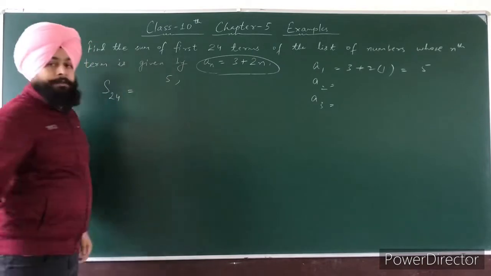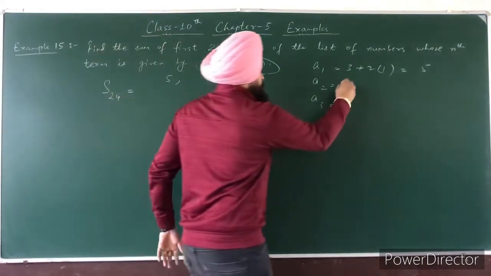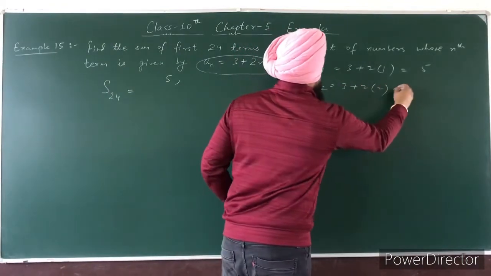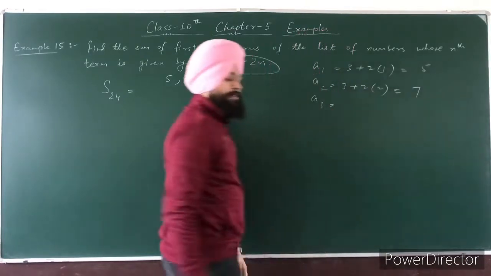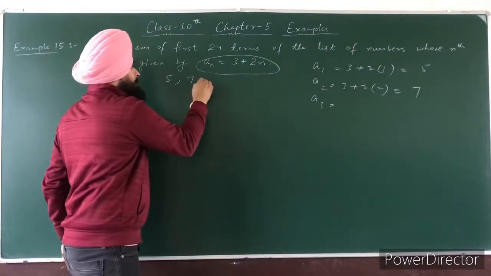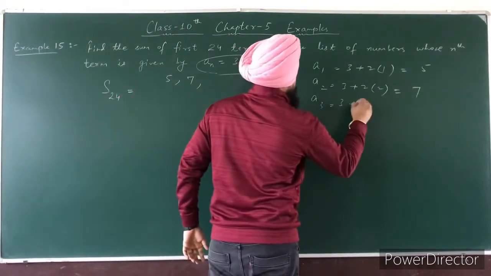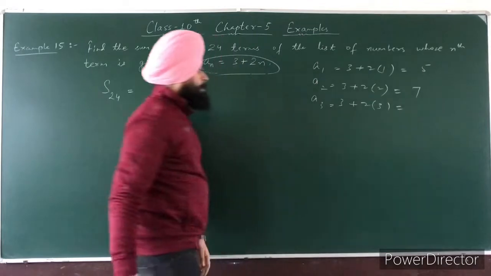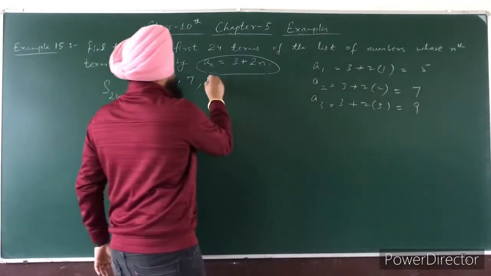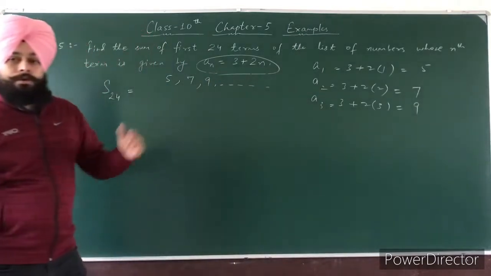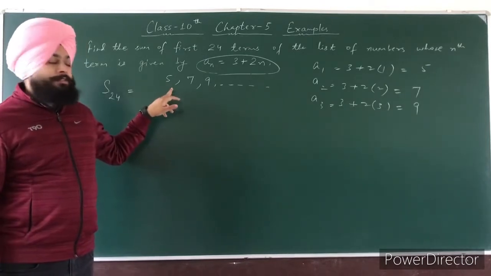The first term is 5. Now put n equal to 2. 2 twos are 4 and 4 plus 3 is 7. So the second term is 7. Now put the next, third term: 2 threes are 6 and 6 plus 3 is 9. The third term is 9 and so on. Now we get the required AP series. In this series the first term is 5.